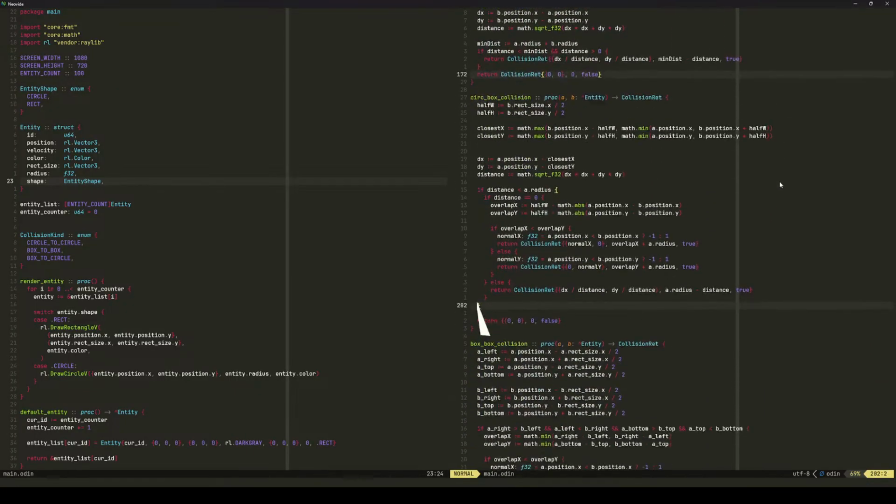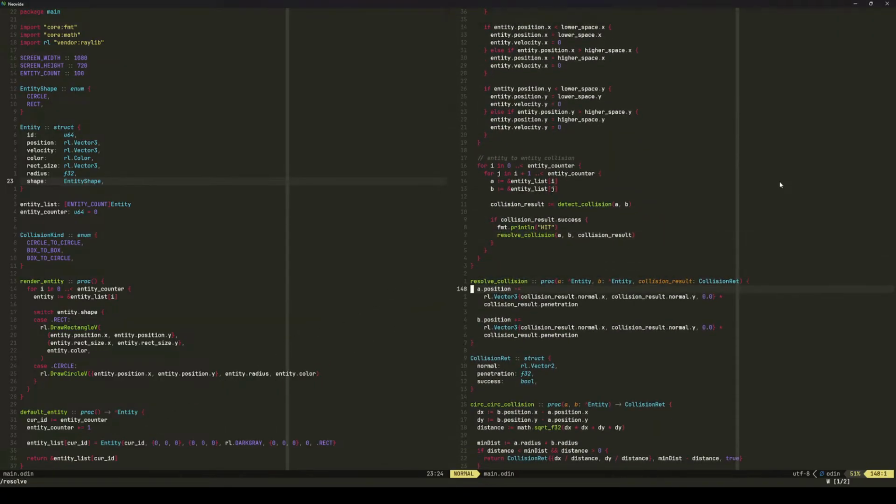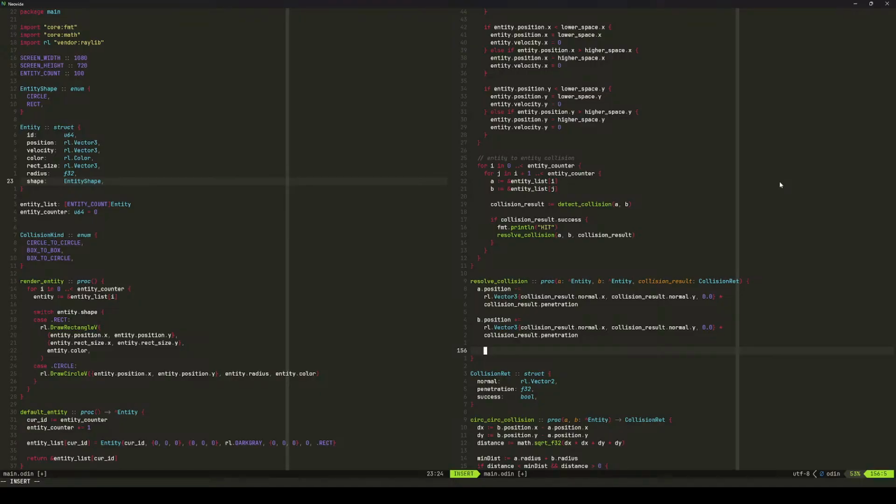Could have thought this through. Resolve. Okay. RV. New velocity. New velocity. Oh, no, no. D velocity. D velocity is equal to B dot position minus A dot position.